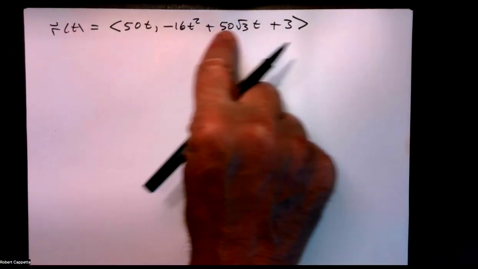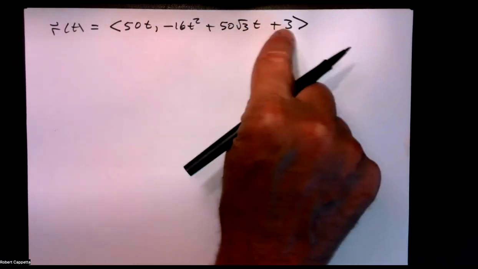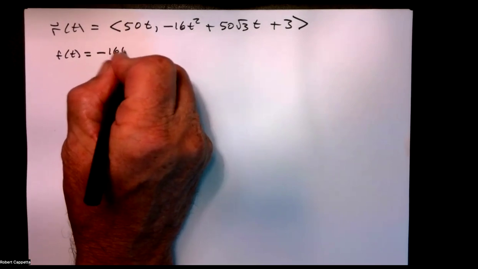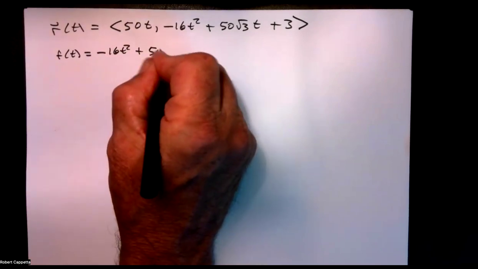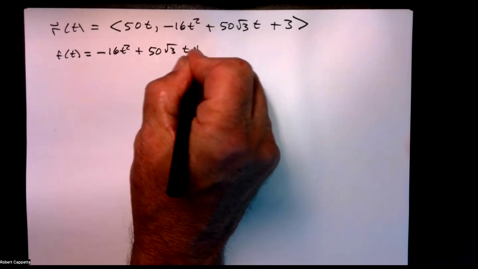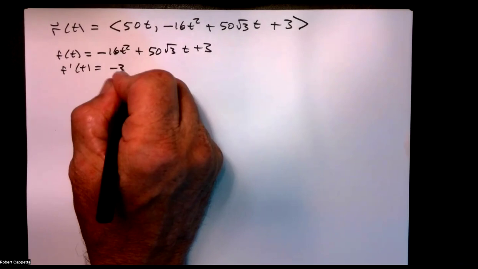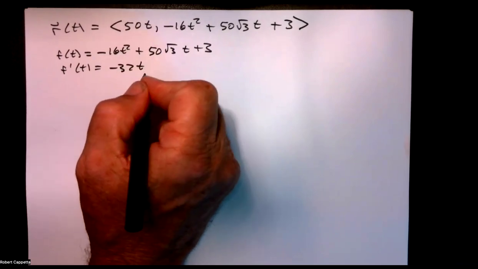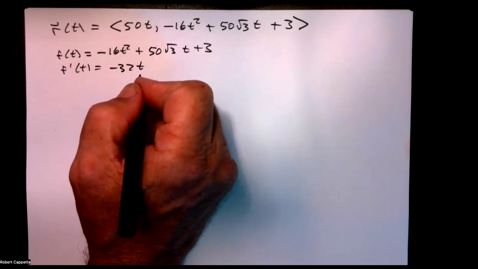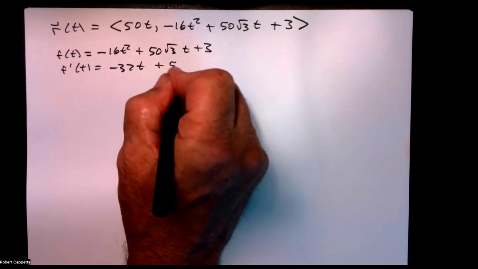To answer the maximum height, we need to find out when this is maximized. So let's just go ahead and call it f of t, which is negative 16t squared plus 50 root 3t plus 3. What is f prime of t? That's negative 32t plus 50 root 3. How do we maximize this?